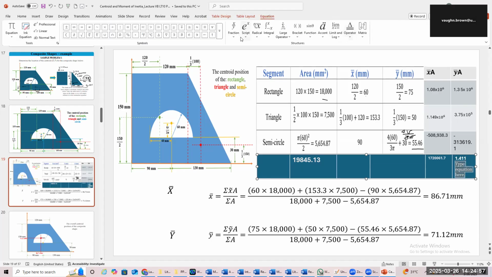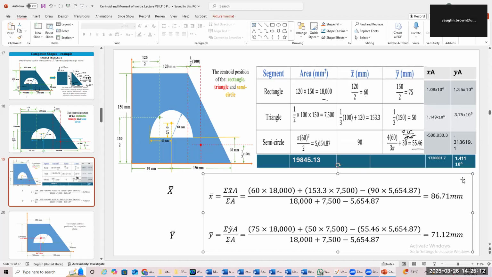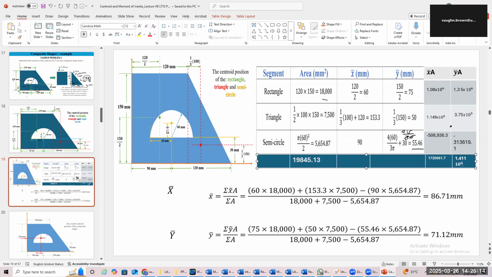So it is going to be times 10 to the 5, 10 to the 6, sorry. So that's 6. All right, so it's below, but I like to have it in the column because I think the column makes better sense for understanding. All right, so it makes better sense.